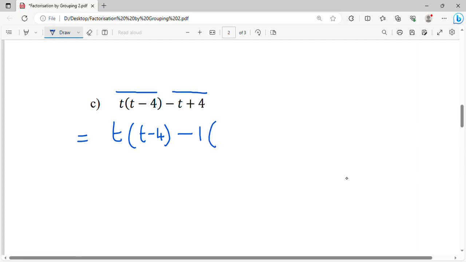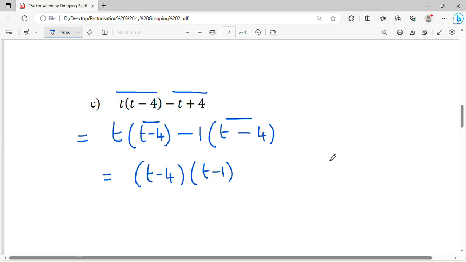I will get t minus, minus times what gives you plus, so it's minus 4. Now I see that these two terms are the same. Or in other words, this becomes (t minus 4)(t minus 1). So there's a small trick which you need to understand. If you understand these small things, maths becomes really easy.